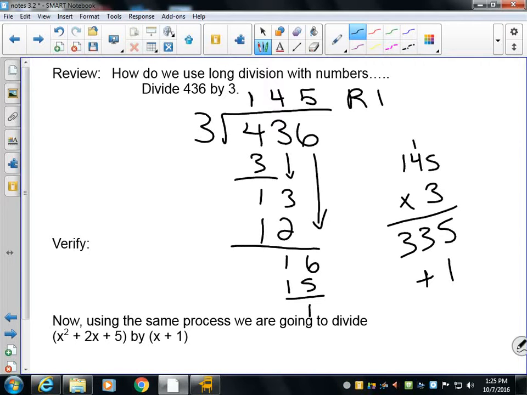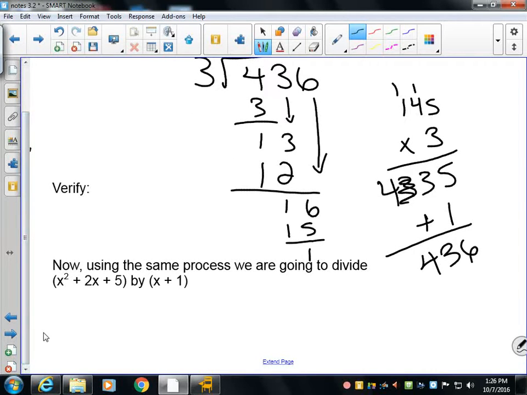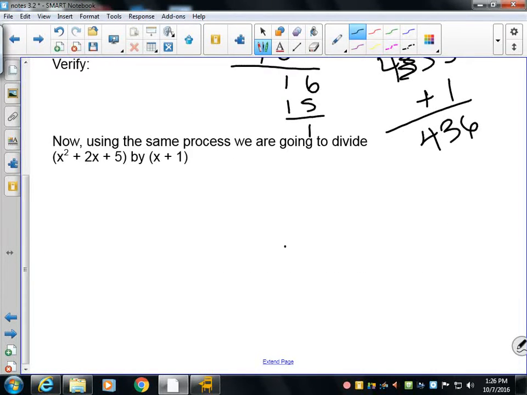No, I missed the carry the 1 when I did that, so that gives us 435. When we add 1, it gives me 436. Works. We're going to just do remainders because when we carry it into polynomials, we're going to do remainders on polynomials. Okay.